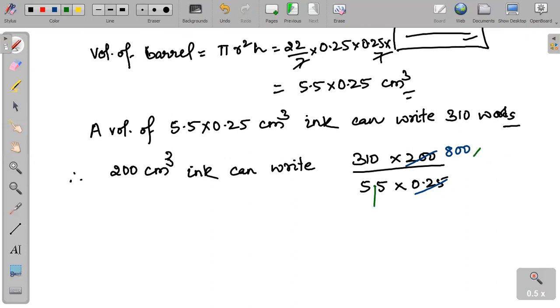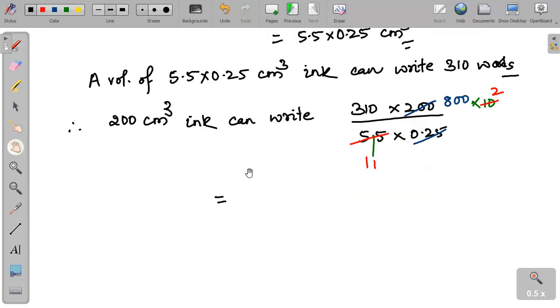Removed the decimal, multiplied by 10. This 11 and this 2. This is going to be 1600 into 310, 310 into 1600 by 11.